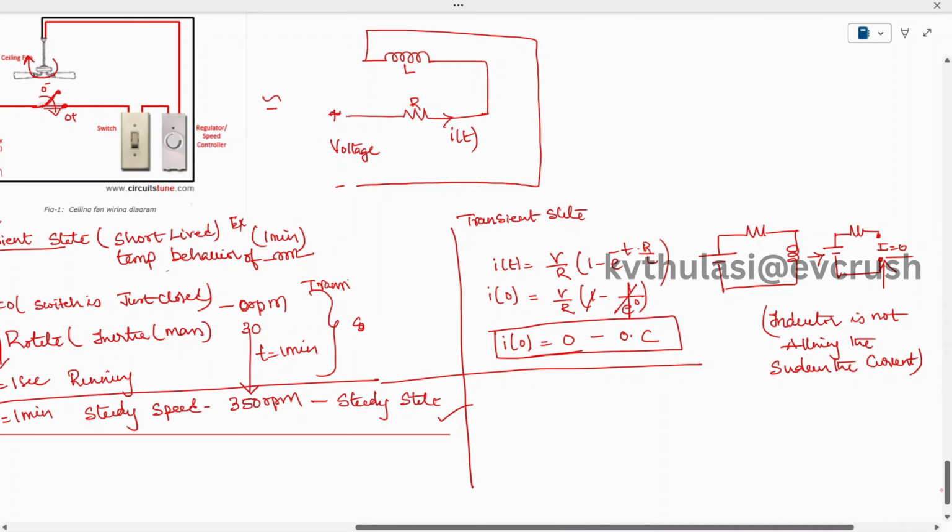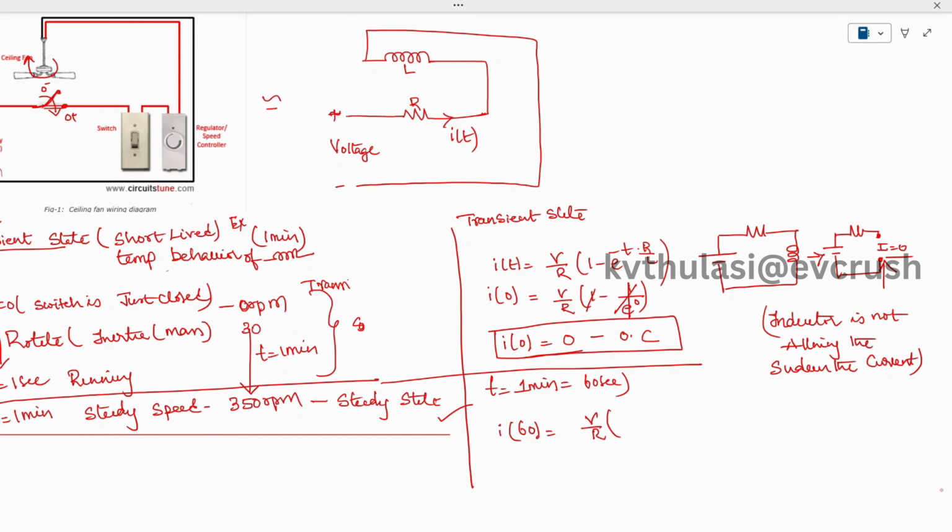But slowly, when the time reaches approximately 1 minute or 60 seconds, just substitute here. So I of 60, if you substitute V by R into this, you are going to get 1 minus e to the power minus 60, which is nothing but 1 by e to the power 60.